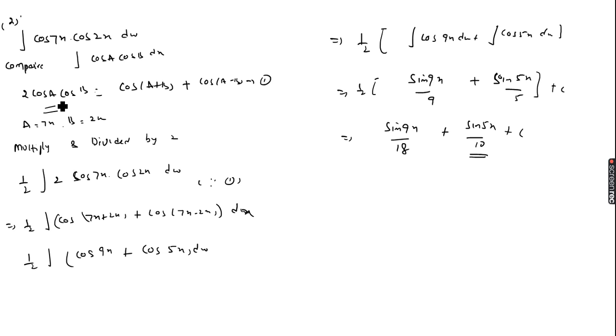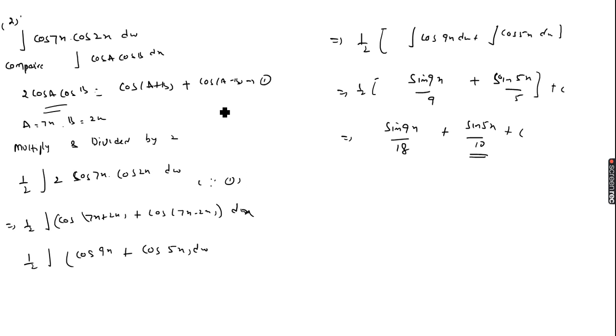If we compare, A is equal to 7x and B equal to 2x. We do not have a 2 here, so we multiply and divide by 2. So we get 1 by 2 into 2 cos 7x cos 2x dx.